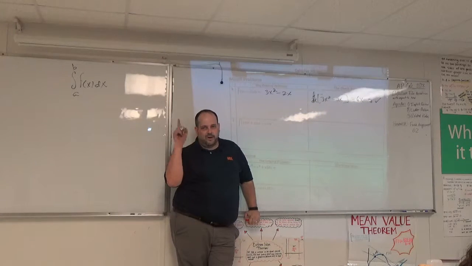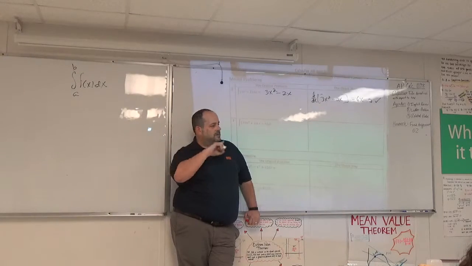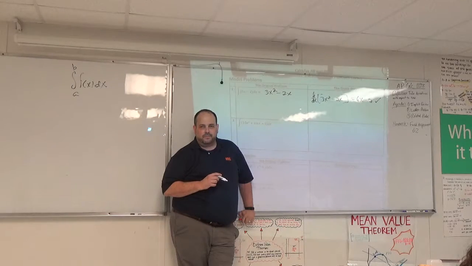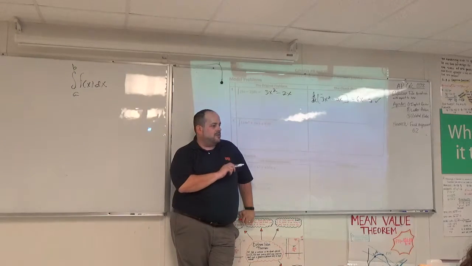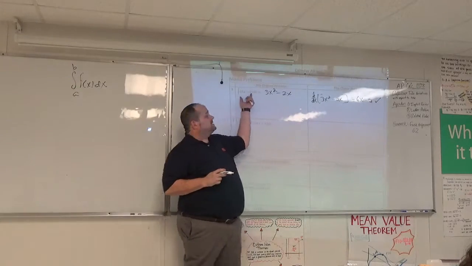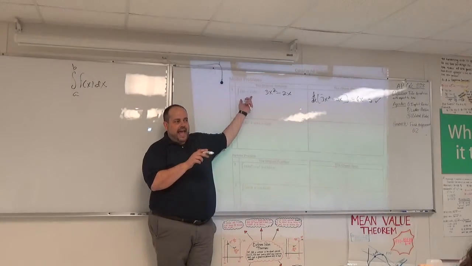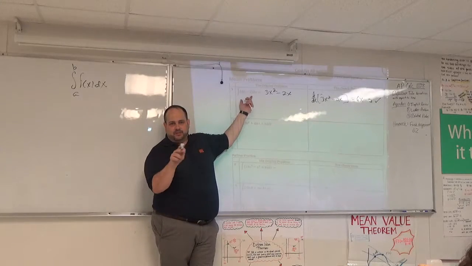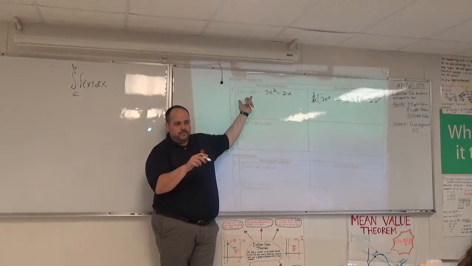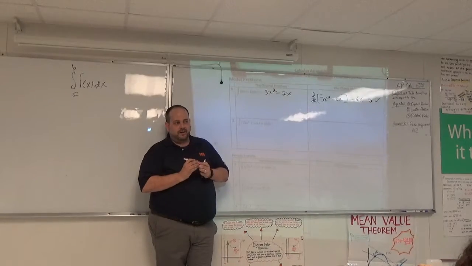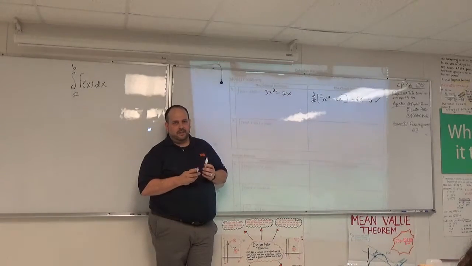I'm hearing 4x squared, but the derivative of 4x squared is 8x, not 6x. Does anybody know another function that if you took its derivative would get 6x minus 2? I can think of an infinite number of such answers.